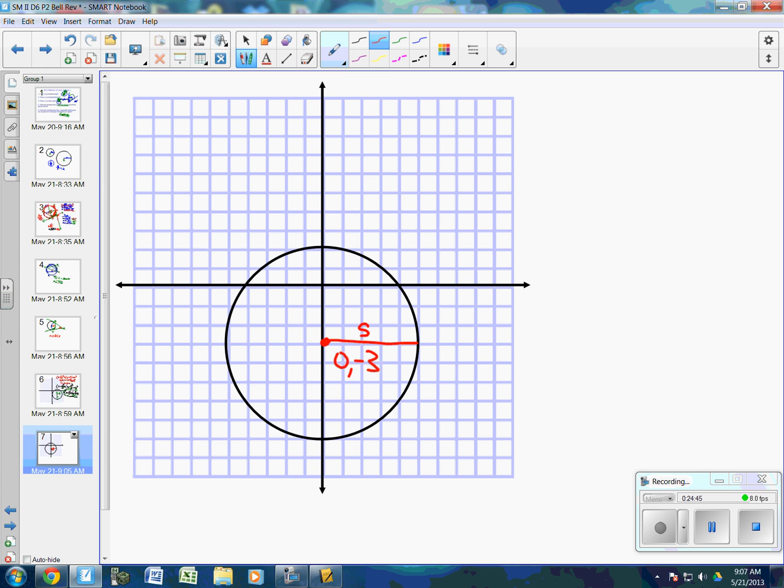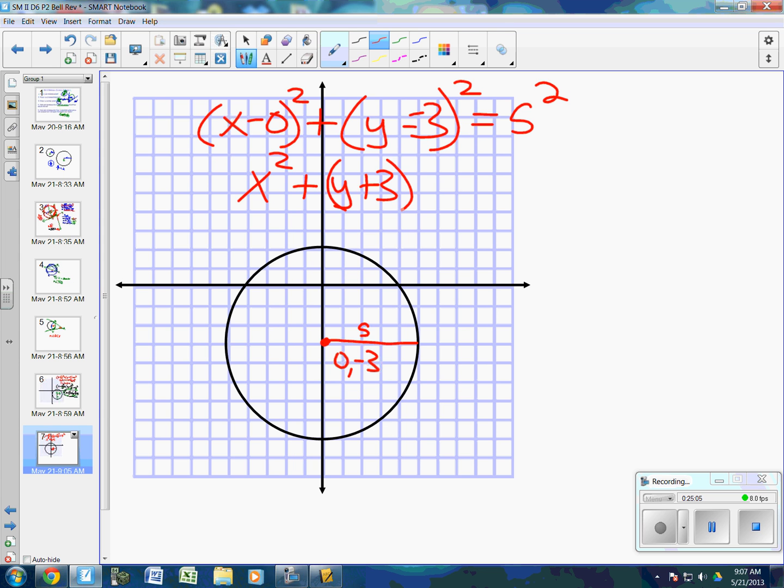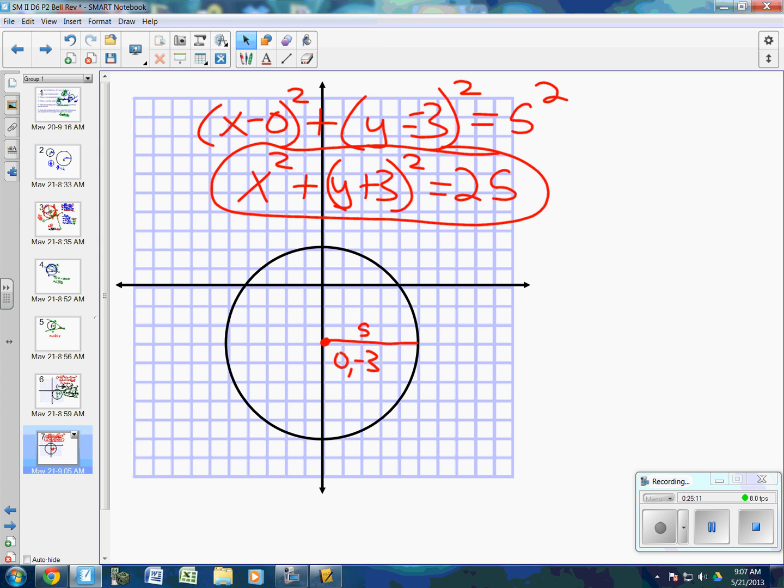Okay, here we go. (x minus 0) squared plus (y minus negative 3) squared equals 5 squared, which would be x squared plus (y plus 3) squared equals 25. There's your answer right there. Any questions? How many of you had that?